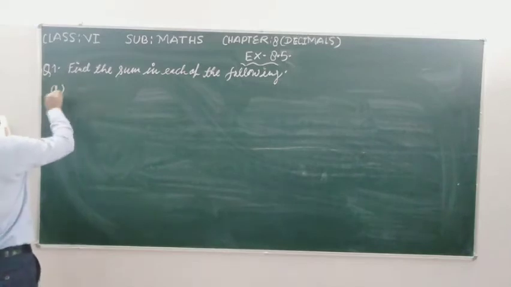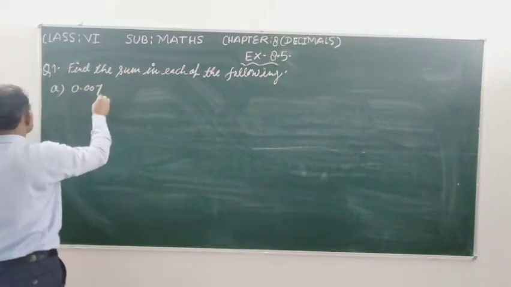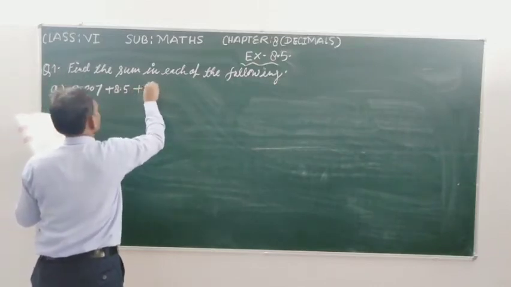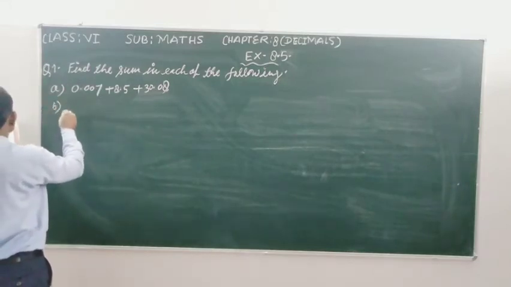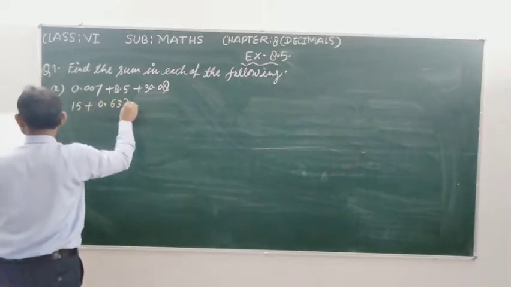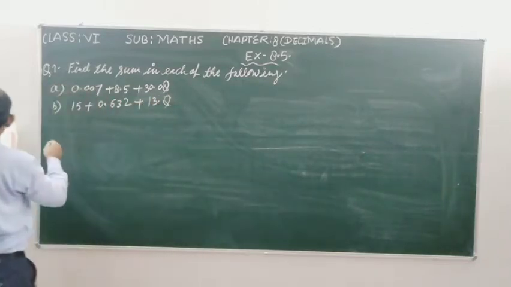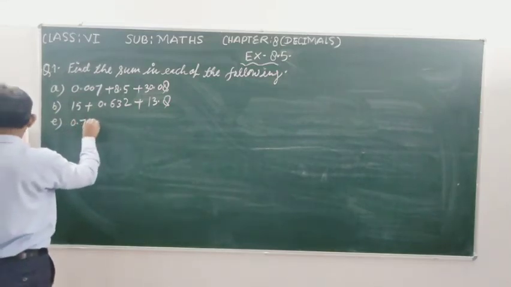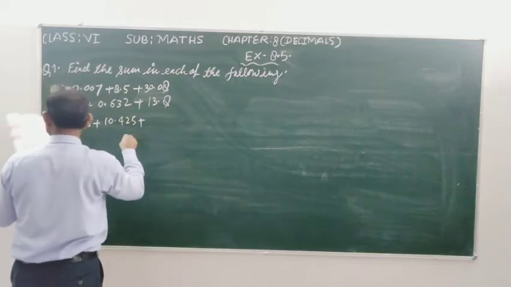So part A is student 0.007 plus 8.5 plus 30.08, and part B is student, part B is 15 plus 0.632 plus 13.8, and I am taking part E here student 0.75 plus 10.425 plus 2.